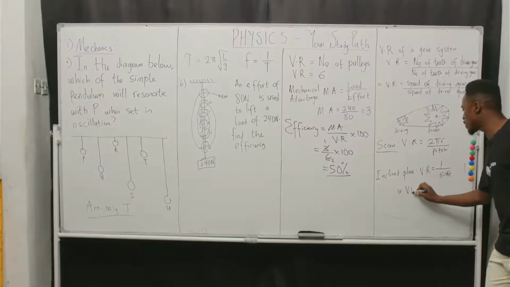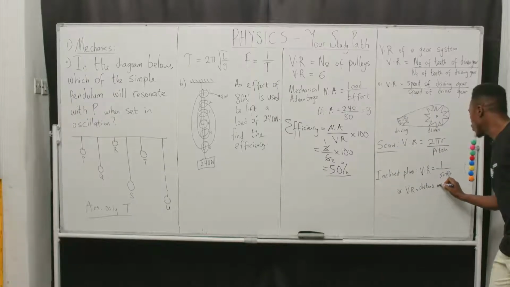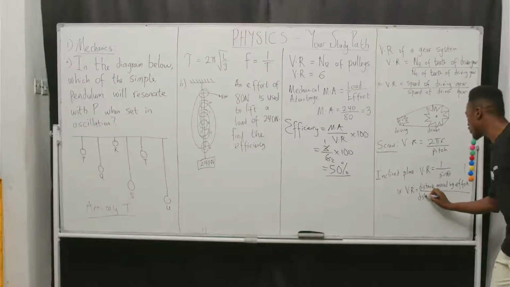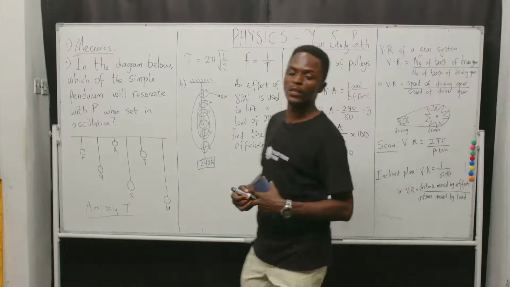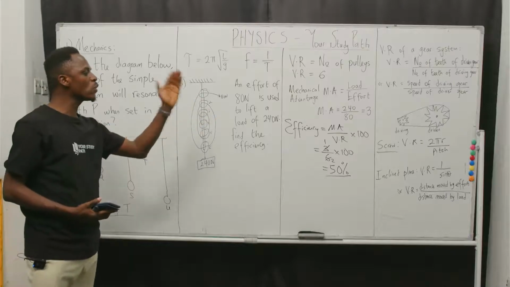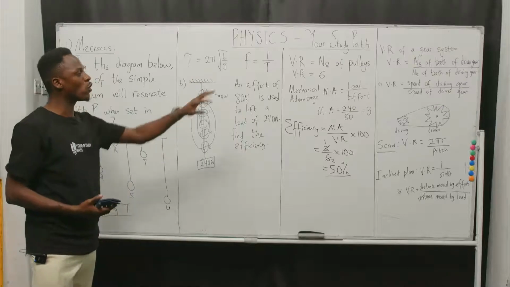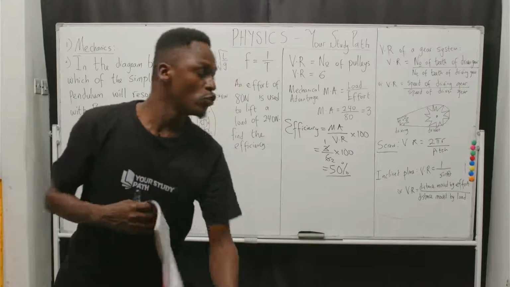Or we are saying velocity ratio is distance moved by effort over distance moved by load. So there we have it. Distance moved by effort divided by distance moved by load. Or you are using 1 over sine theta. You have this as the velocity ratio for other types of machine which you can encounter in your examination.